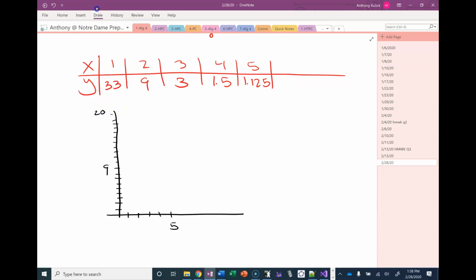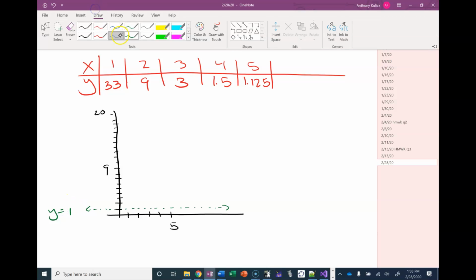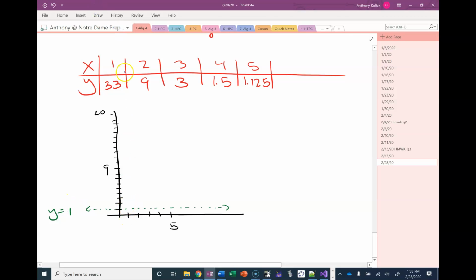Uh-oh. Well, that's all right. We'll just make it work. There's my asymptote. Then I have 1 and 33. That's going to be like up there somewhere. 2 and 9. 3 and 3. 4 and 1.5.